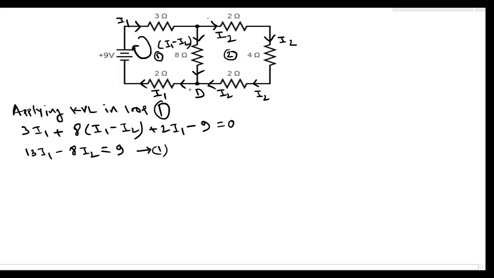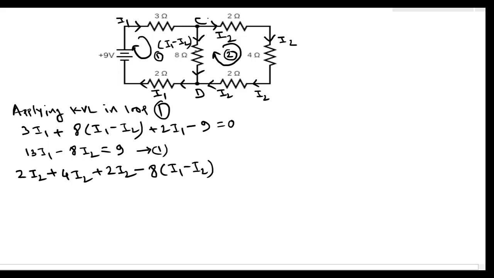Now if we apply KVL in loop 2 in this direction, starting from this point C, that is 2 into I1, then 2 into I2, and in the 4 ohm resistance the current is I2, so 4 I2, plus 2 I2, and here minus 8 into I1 minus I2.